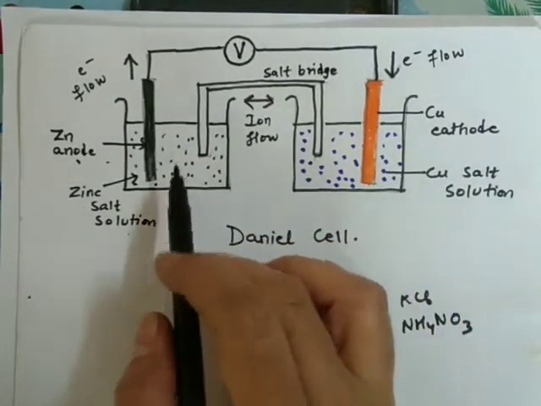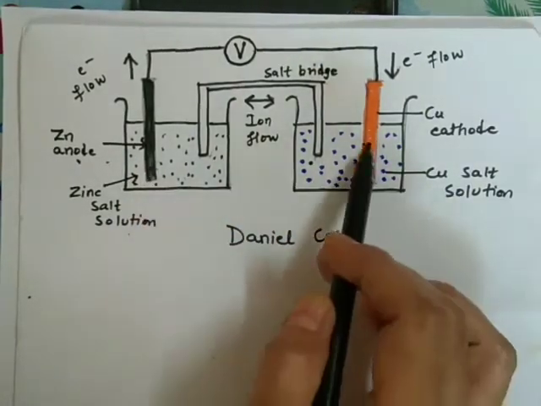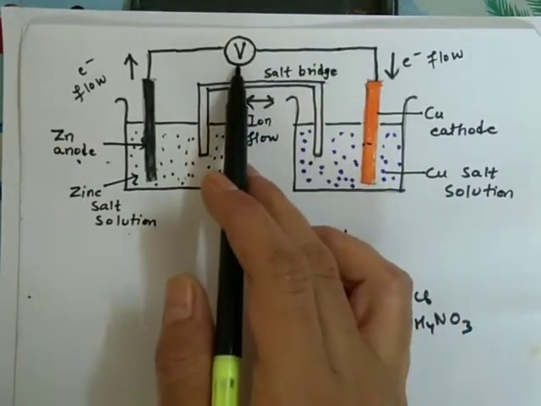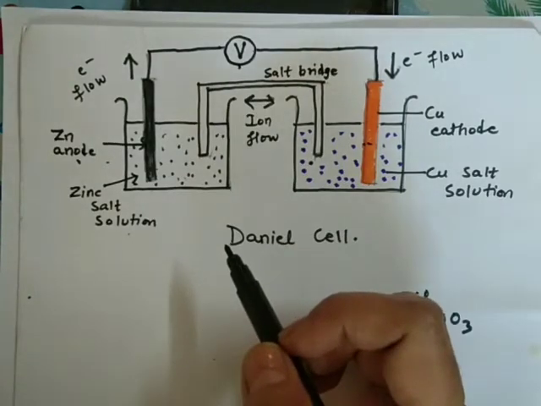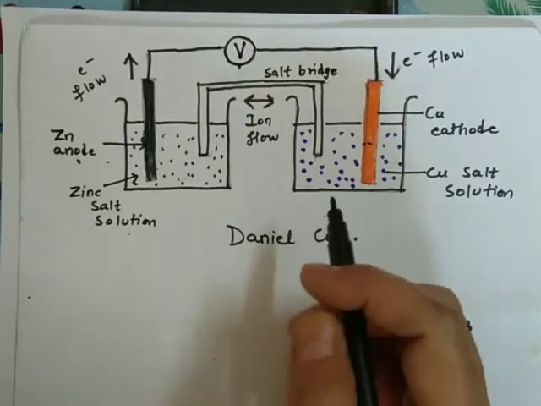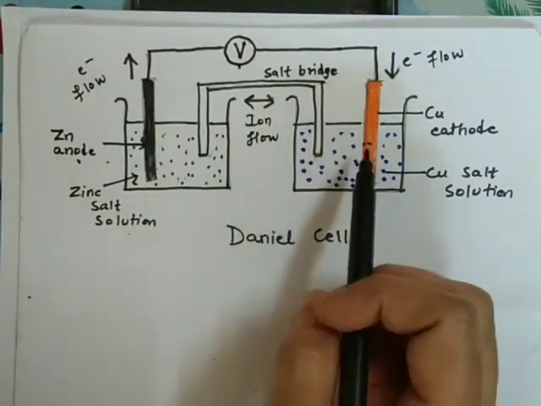Okay, now these two plates which are called electrodes, anode and cathode, are connected with the help of electrical wire, and there is a switch and a voltmeter to check the movement of electrons and whether the circuit is complete or not. When the circuit is complete, we know electrons will flow from anode towards the cathode.